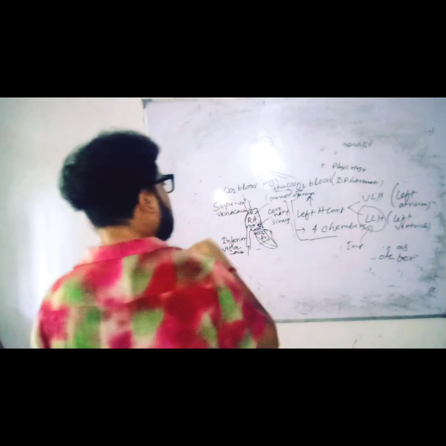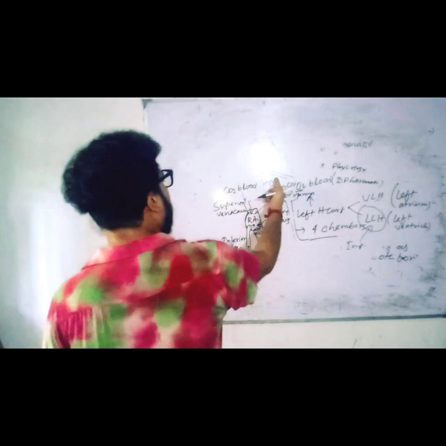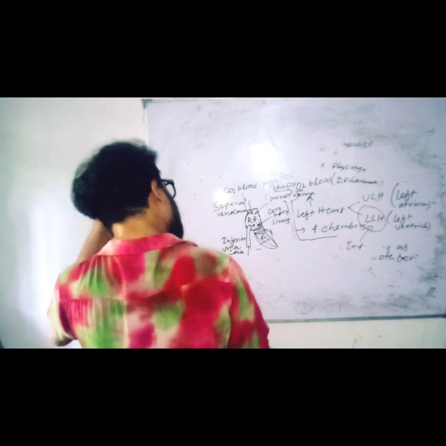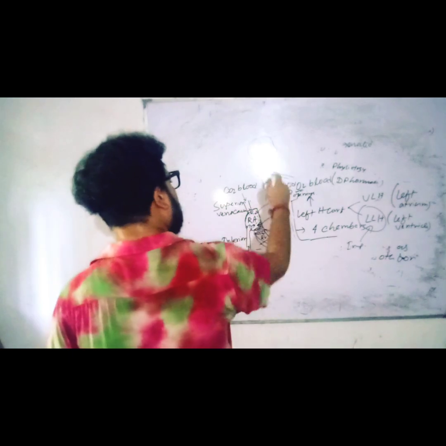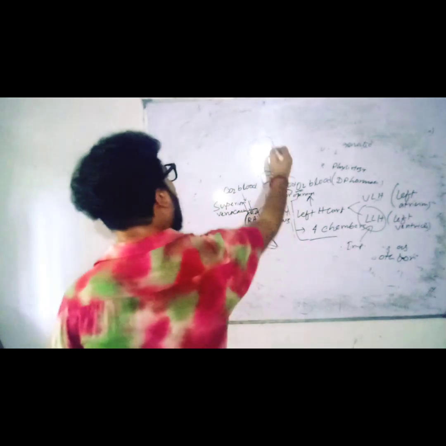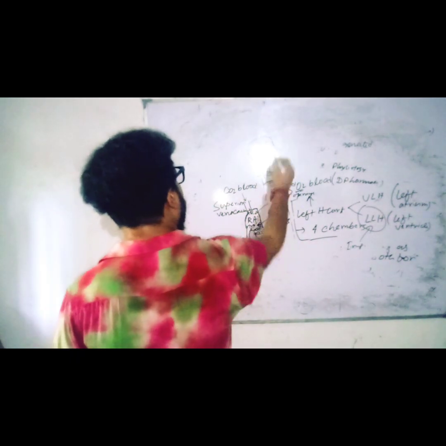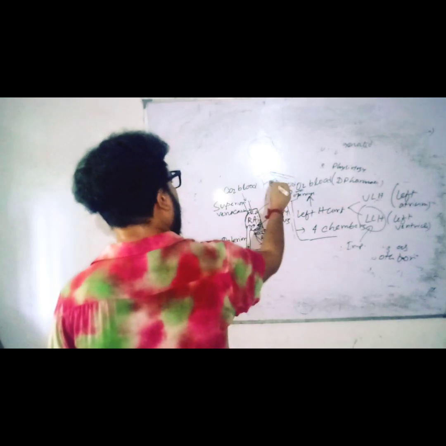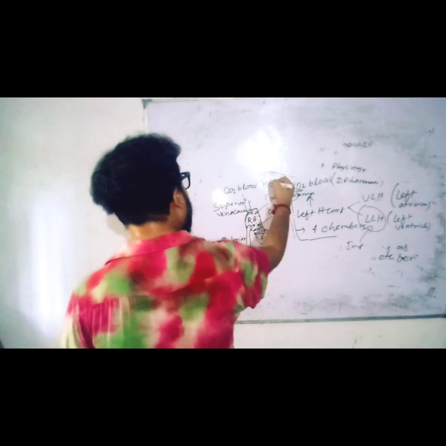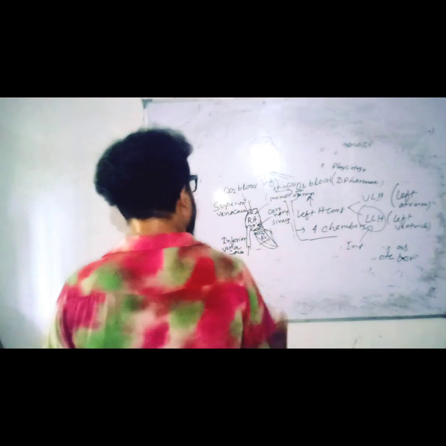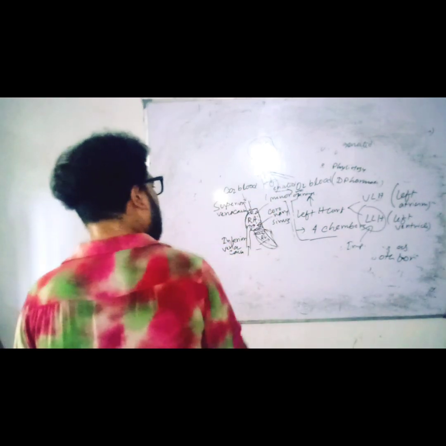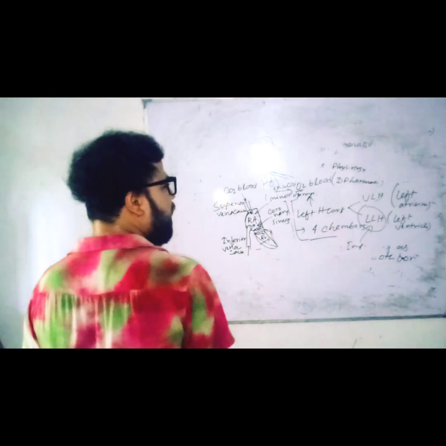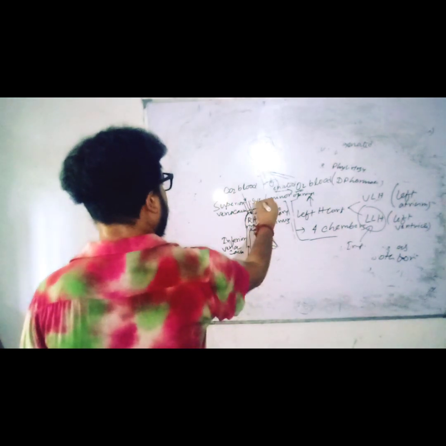From the part superior to the heart, all the venous blood from your head, neck, face, upper thorax, all the venous blood are coming into your right atrium through this superior vena cava, or it is also known as SVC.